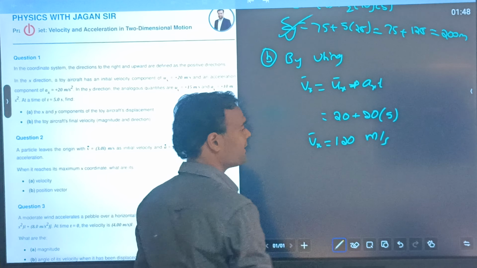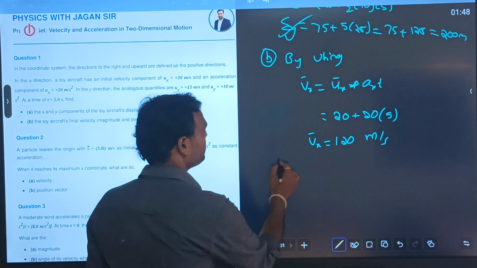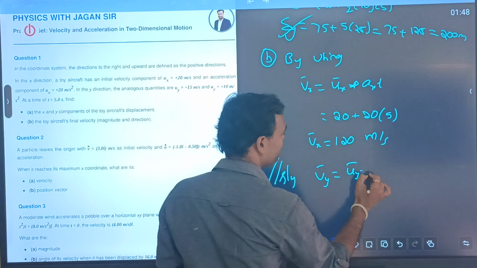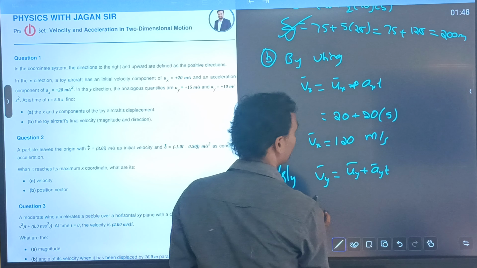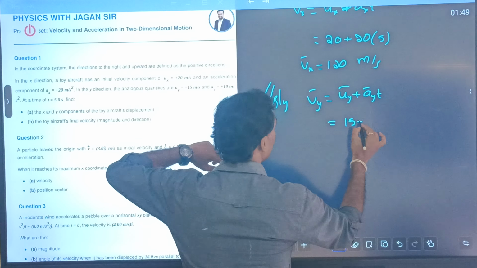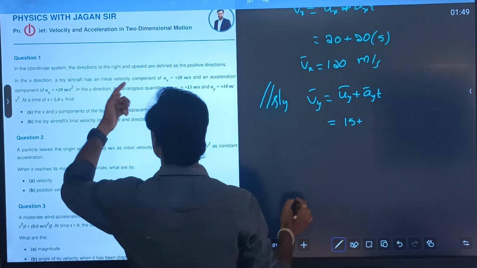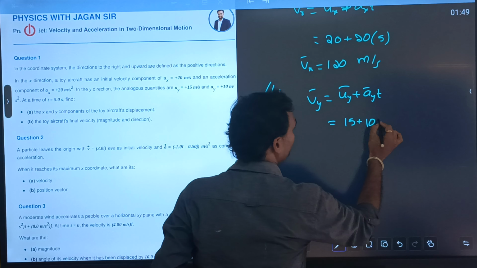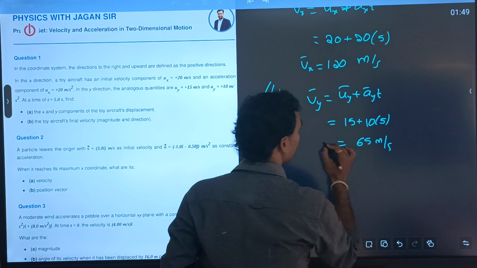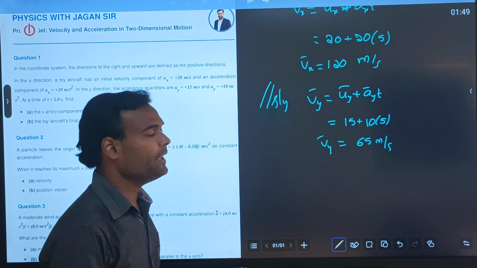This is the Vx value. Similarly, Vy = uy + ayt. That is, uy is 15, ay is 10, time is 5, which is equal to 65 meters per second. This is the Vy value.